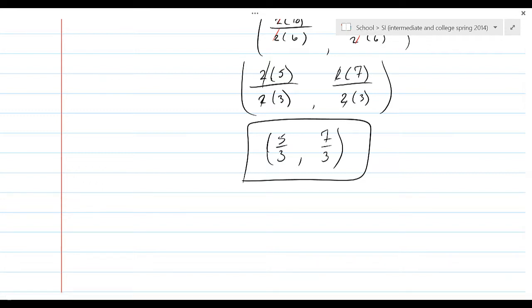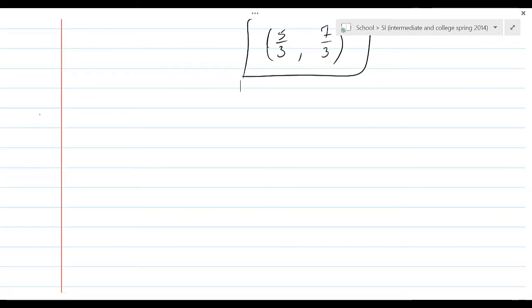Let's jump right into number 4. Our instructions read, decide whether each pair of lines are parallel, perpendicular, or neither.